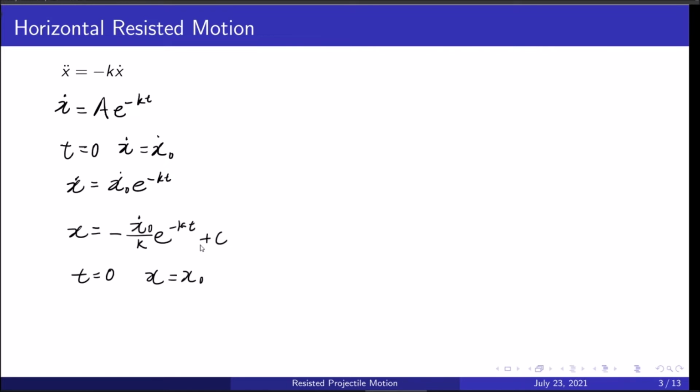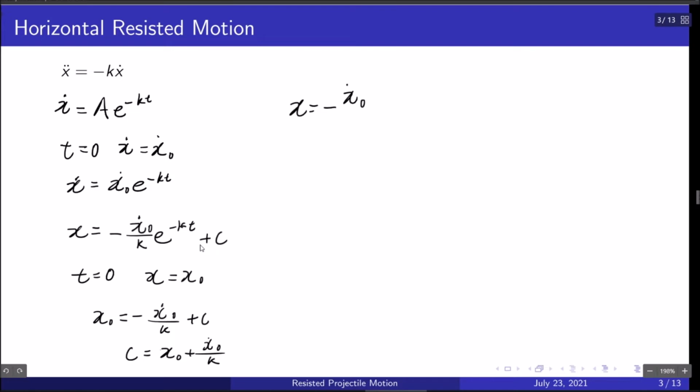So we end up with x naught equals minus x dot naught over k plus c. So obviously, c equals x naught plus x dot naught over k. And if we combine everything together, we end up with x equals negative x dot naught over k, e to the minus kt, plus x naught plus x dot naught over k.